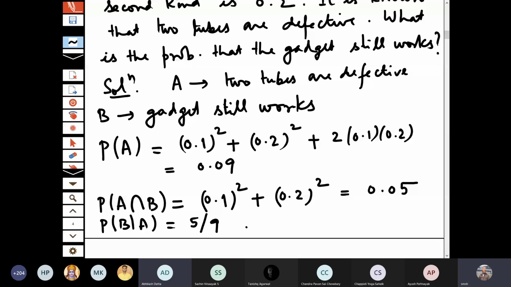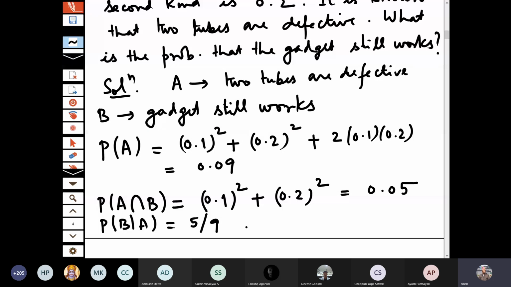Sir, why is ordering taken care of here? Why have we multiplied it by 2? Yes, ordering will be important here, because these are identifiable things. If there is no distinction, then ordering will not matter, but here the distinction will be there.